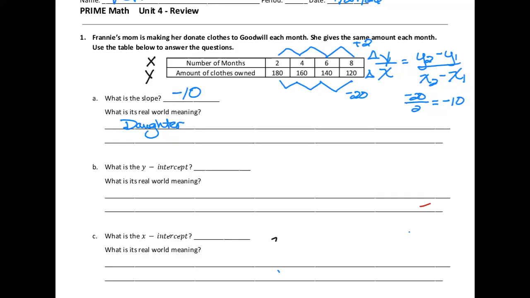That's the negative part, because she is getting them out of her room, out of her space. She is donating 10 pieces of clothing each month.